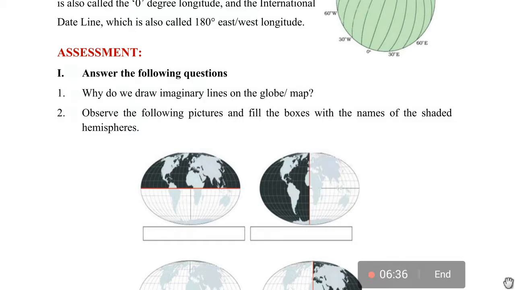These imaginary lines are very important for human beings.